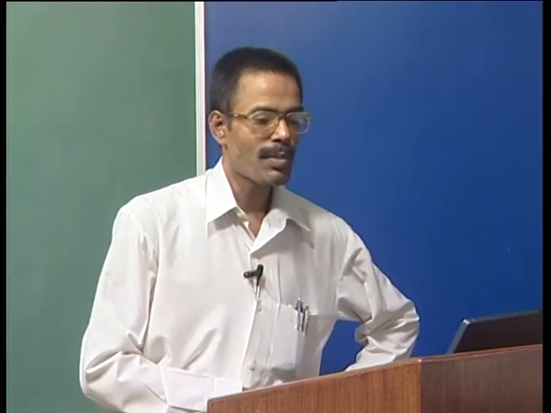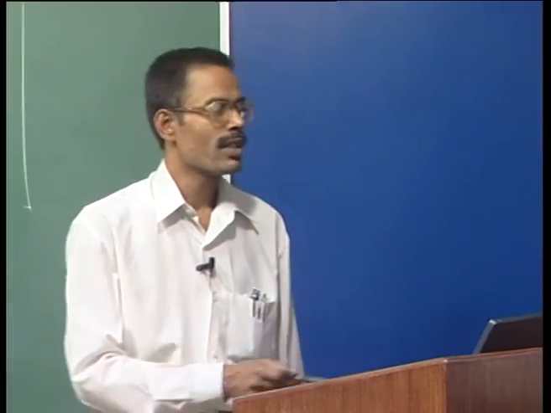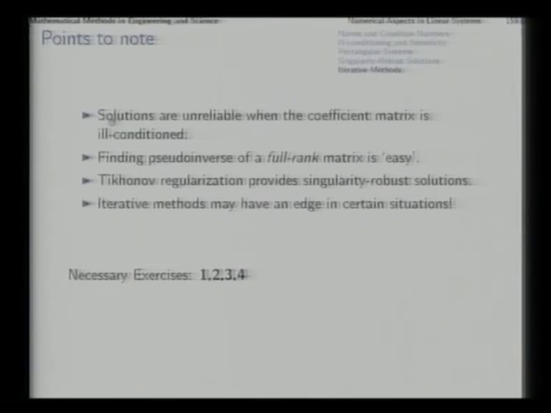So, in this lesson, we have considered these important points. We have noted that the solutions are unreliable when the coefficient matrix is ill conditioned. We have found that finding the pseudo inverse and finding a quick solution for a full rank coefficient matrix, even rectangular ones, is easy, and when that is not the situation, we have found the Tikhonov regularization method to find singularity robust solutions.